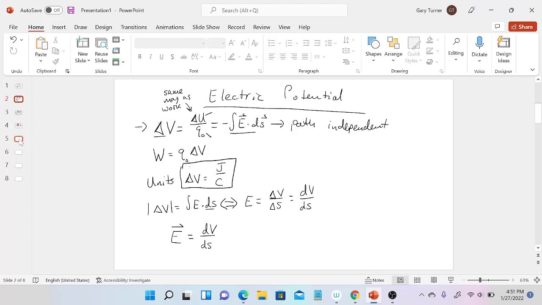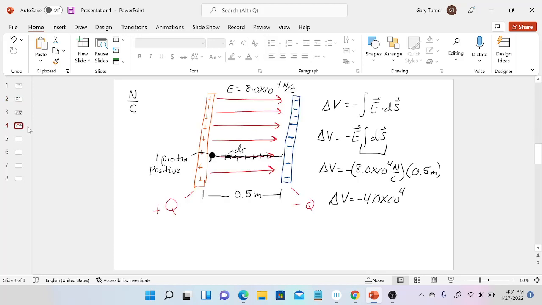So we can write this as joules per coulomb. I'm sorry, not multiplied by meters.